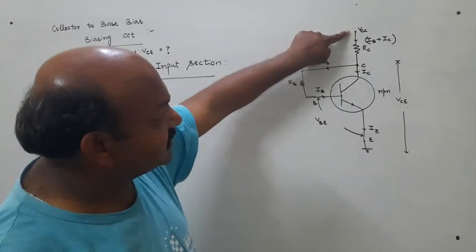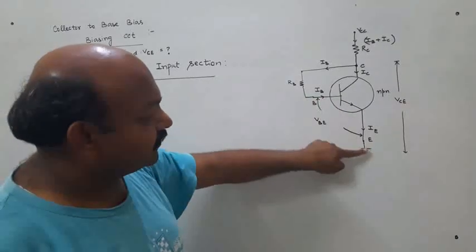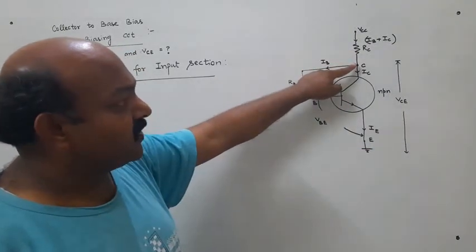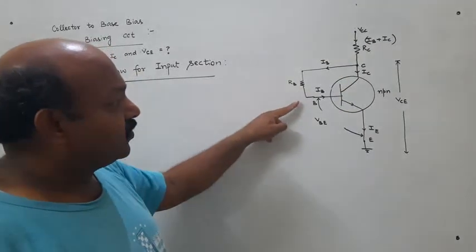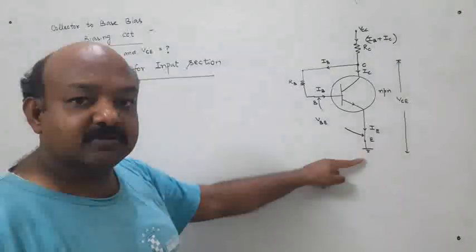This is the input section: VCC to collector, through RB to base, emitter to earth.